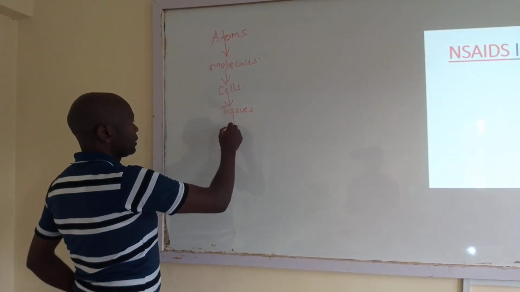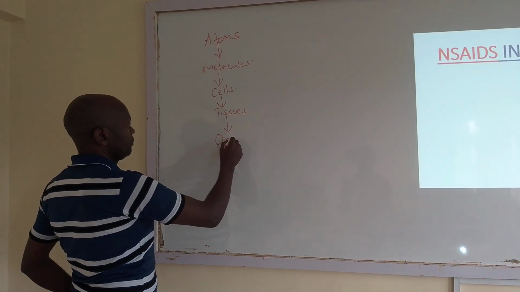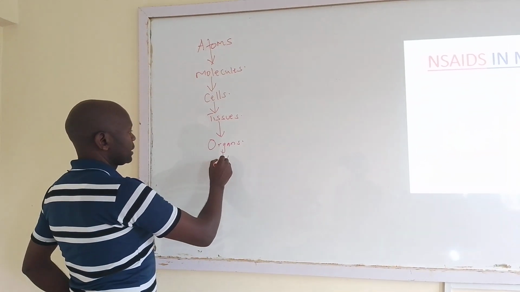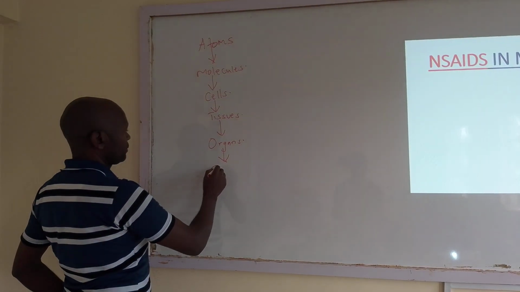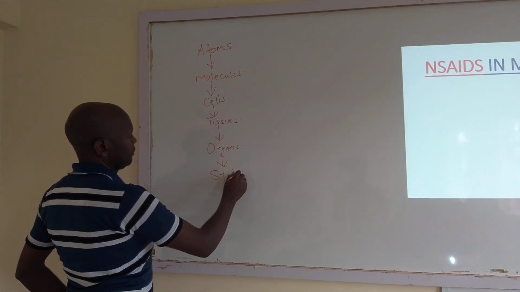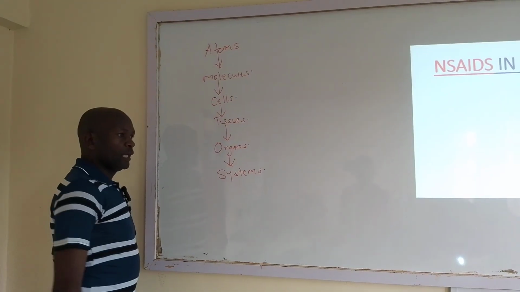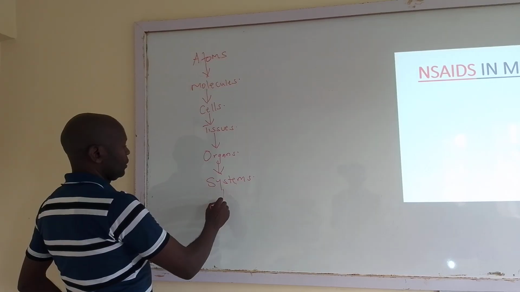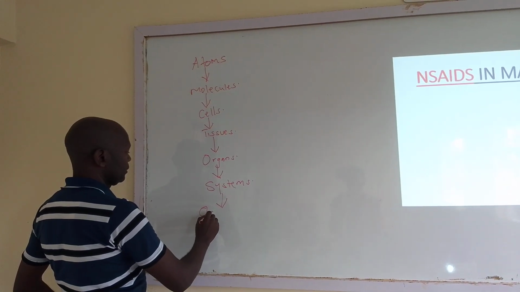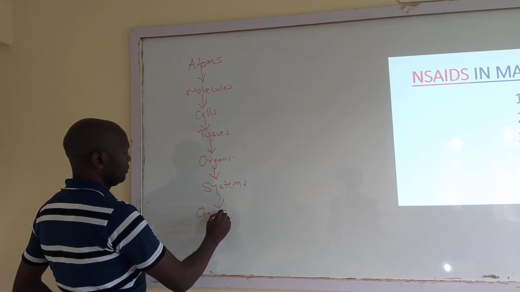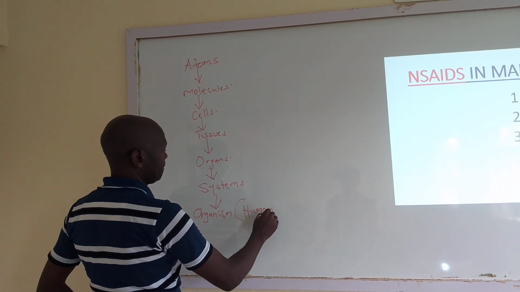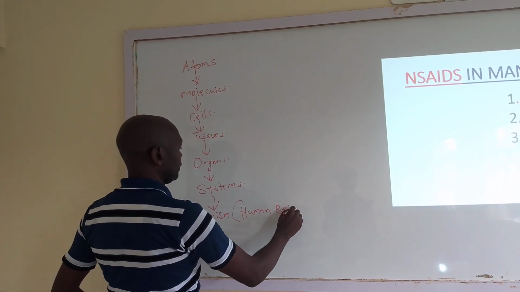Then tissues give us organs. Organs give us systems. And then a group of systems gives us what we call the organisms. The organism, in this case, the human being.